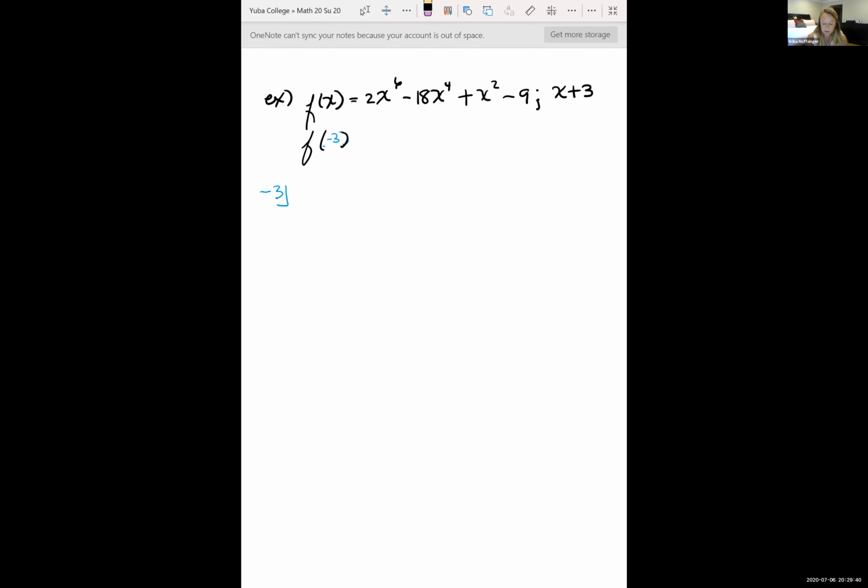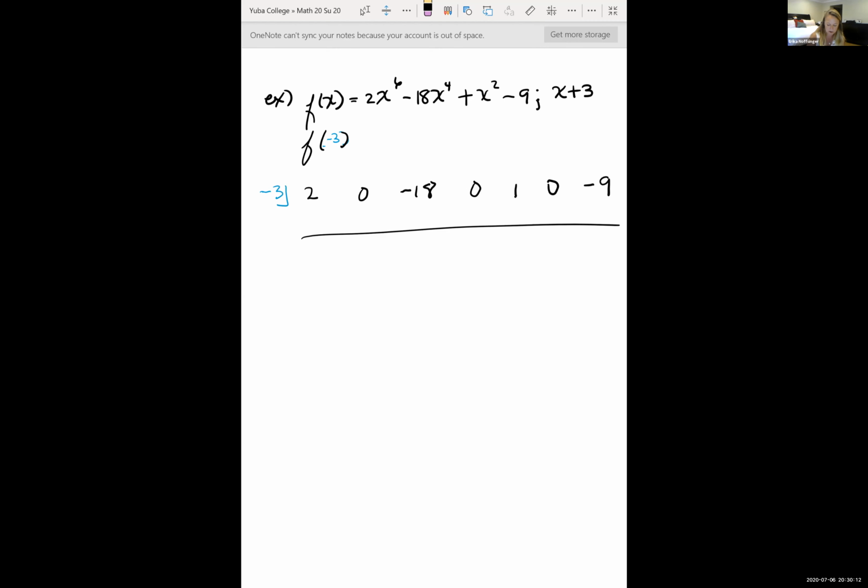I need to put 0 for any terms that are missing in this descending order of power. And so I have 2. I don't have an x to the 5th, so I'm going to put a 0. Then I have -18. I don't have an x cubed, so I'm going to put a 0. Then I have an x squared, which is 1. I don't have an x term, so I put 0. And then the -9.